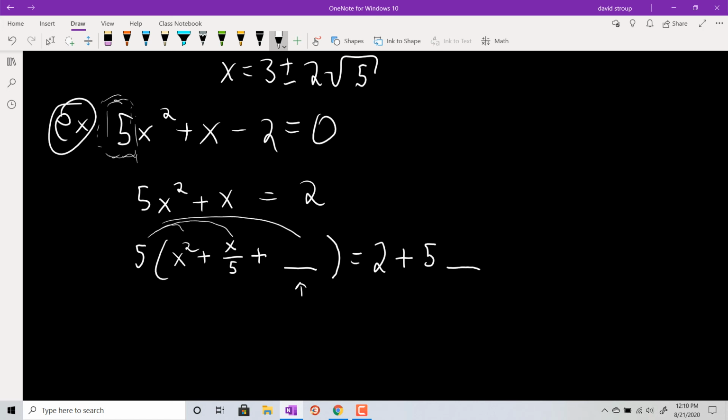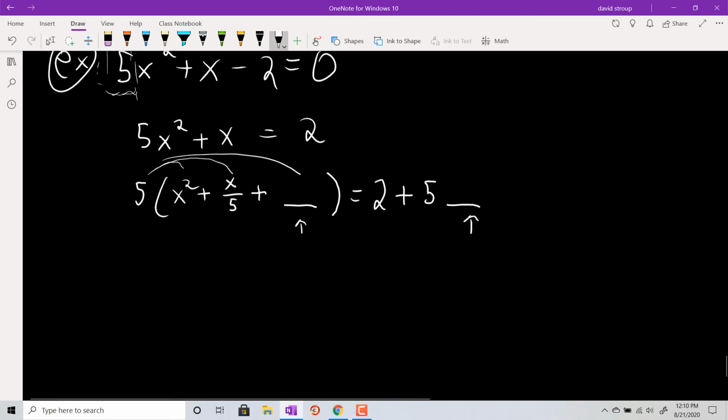So if I add it in on the right-hand side, I'm going to have to also multiply it by 5. It's a bit weird to wrap your brain around, but that's just the way the cookie crumbles.